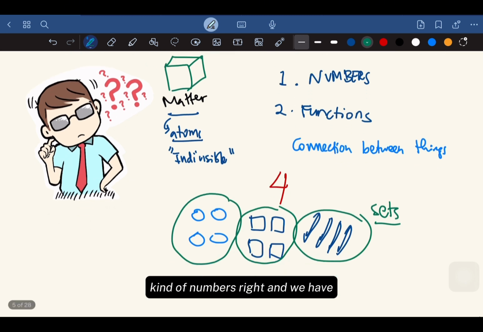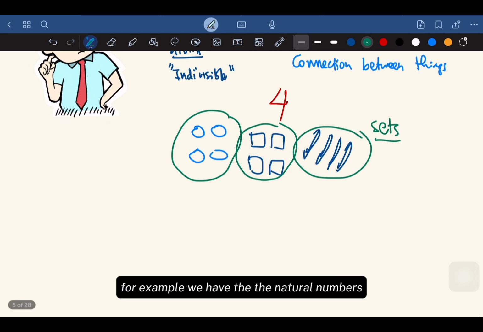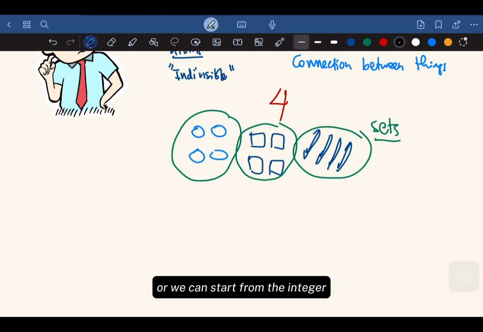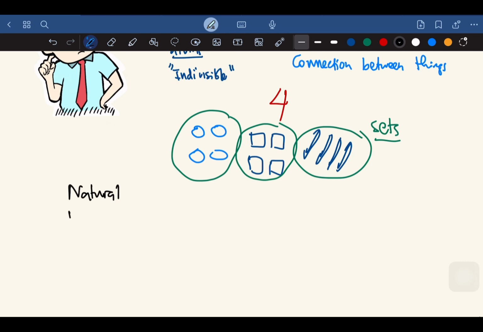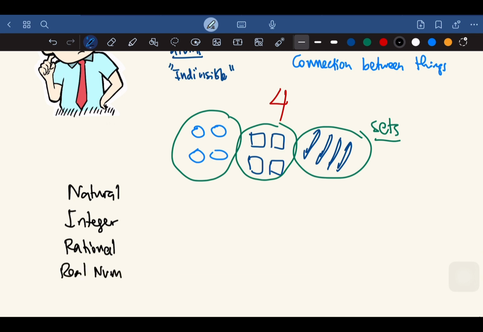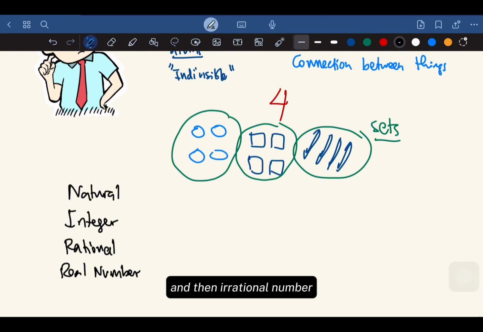For example, we have the natural numbers, or we could start from the integers. So we have the natural, and then integer, the rational, and then the real number. And then the irrational number.